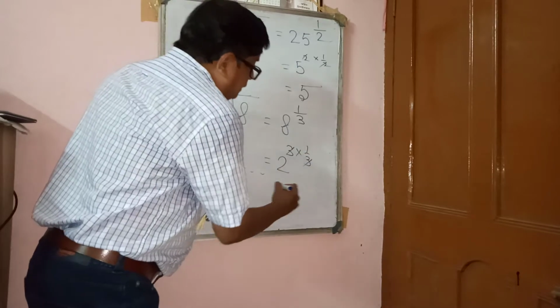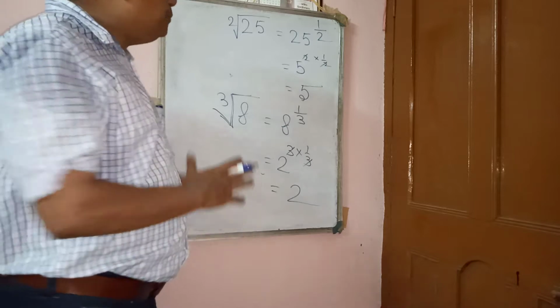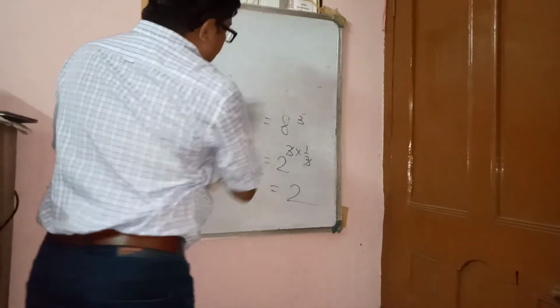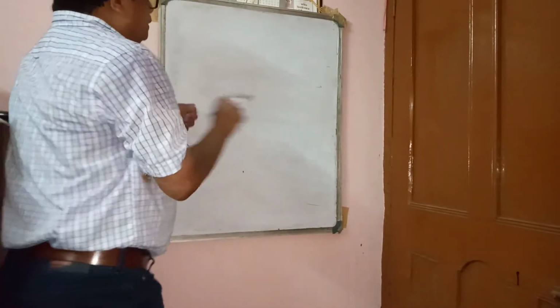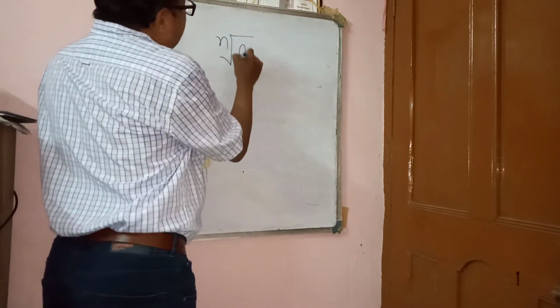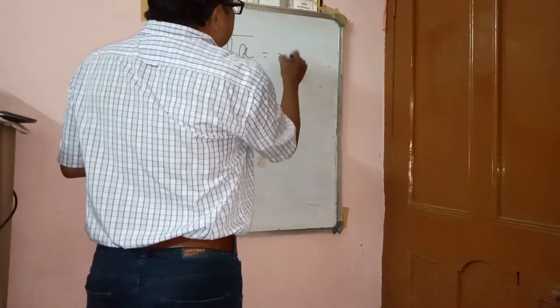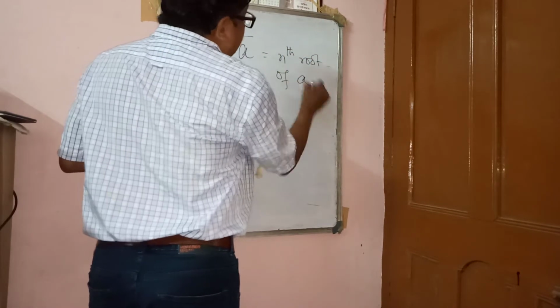This we can see, so it will be 2. Okay, similarly, look at here. Suppose I am writing the nth root of a.